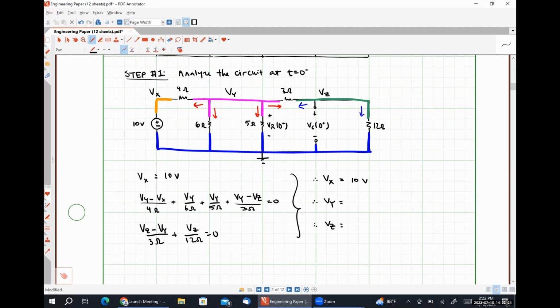Constant term is 0. In my third equation, my coefficient for Vx is 0. My coefficient for Vy is negative 1/3. My coefficient for Vz is 1/3 plus 1/12.